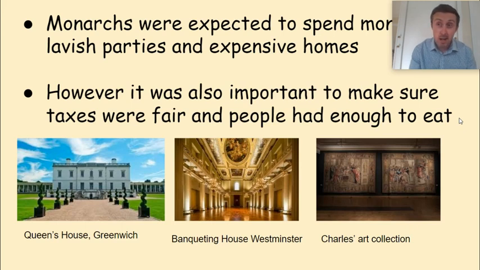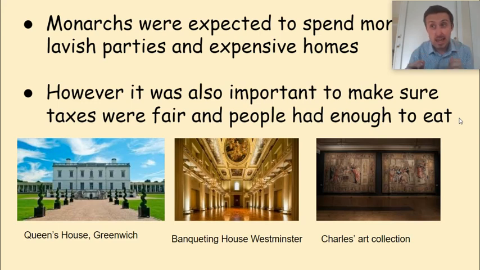Well, Charles I was known for being a bit of a spenderholic. He loved spending loads of money, and therefore he would need lots of taxes. So at the bottom of the screen, you can see some of the lavish things that Charles I spent money on. There's Queen's House in Greenwich, there's Banqueting House in Westminster, and he also was a big fan of art and spent thousands of pounds on building up a very luxurious art collection.